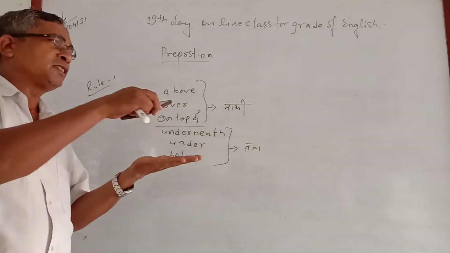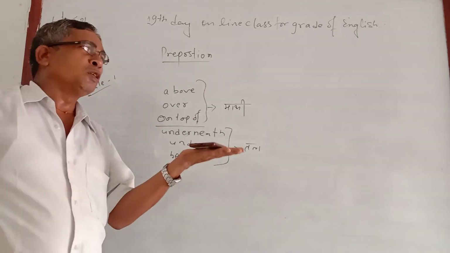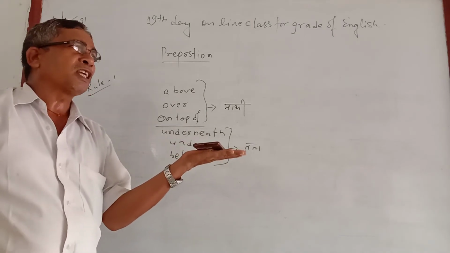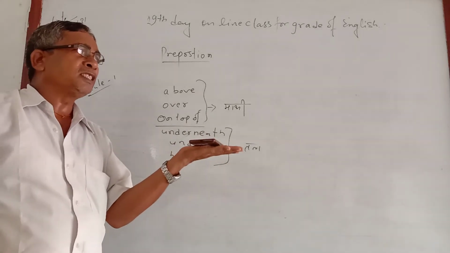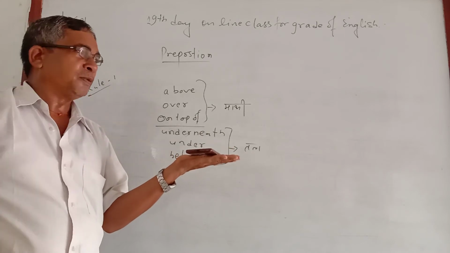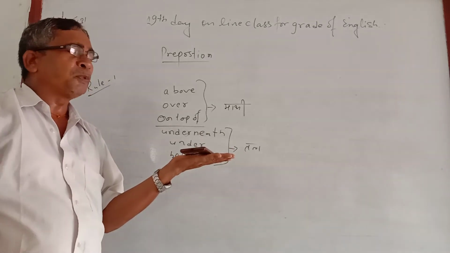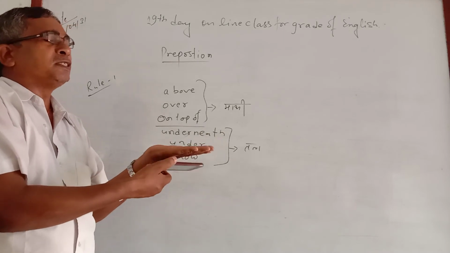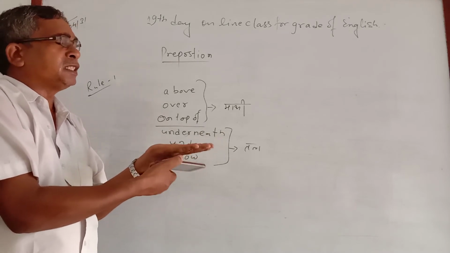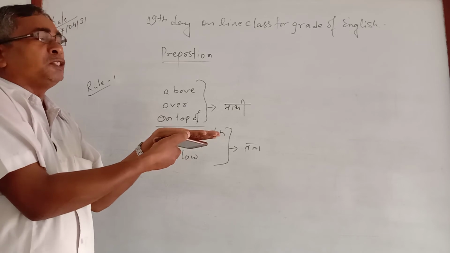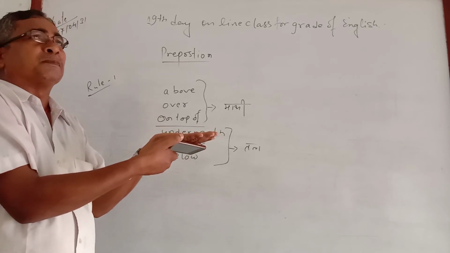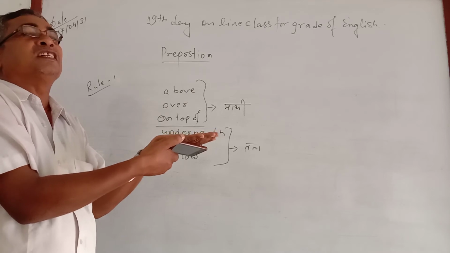Just this mobile is on my palm and touching the base. It is not away from the base. In this condition, you can say on top of. Exactly the opposite, below the base and touching it, means it is connected deeply. You can say that the fan is underneath the ceiling, because the fan is connected to the ceiling from underneath.